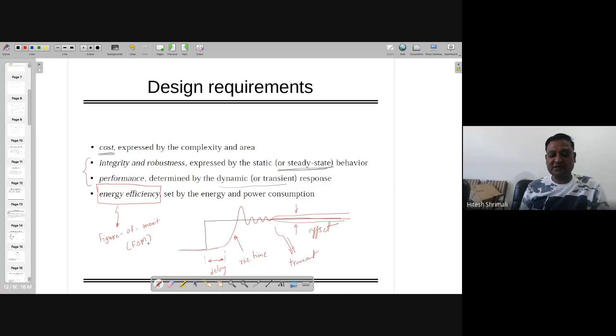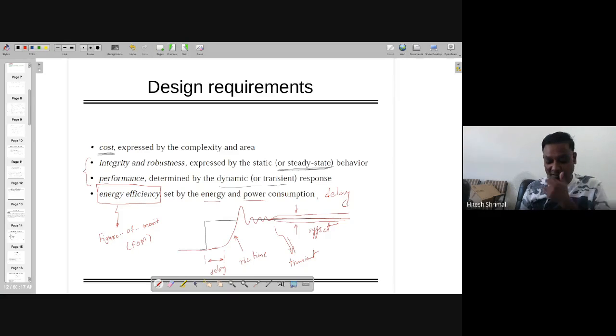This has certain things which are part of its equation, where you are not only talking about some of the required design requirements, but you are talking about a few key requirements like energy and power. Along with that, maybe delay. I mean to say propagation delay, or all these things. So when it's energy times delay, power times delay, all these are going to give you the figure of merit.